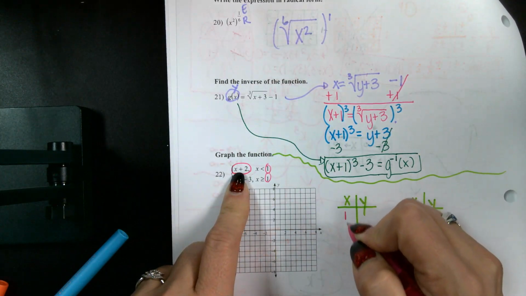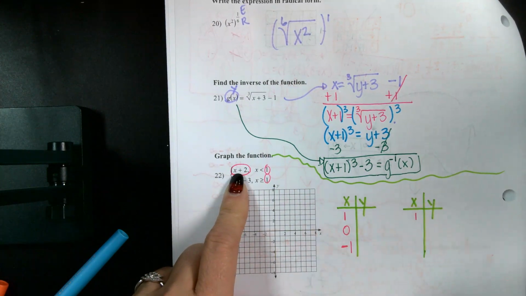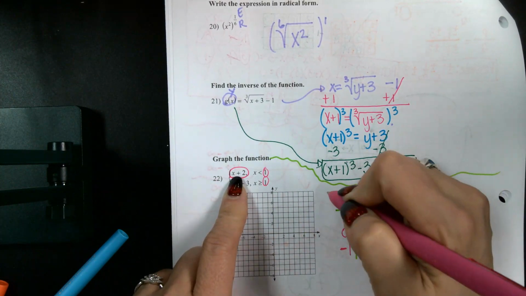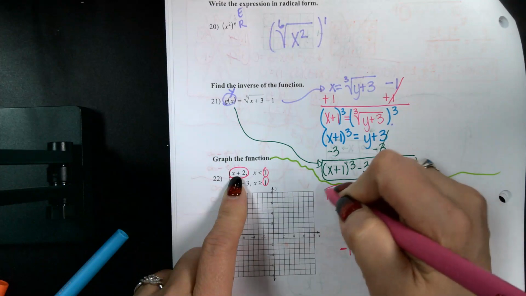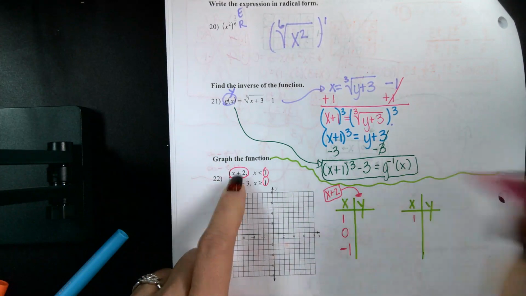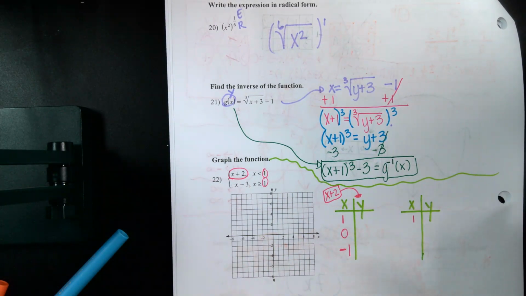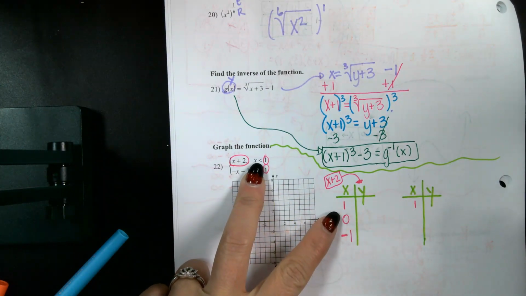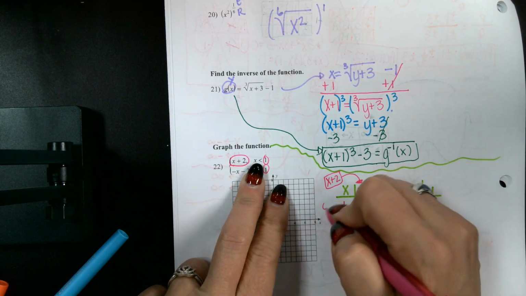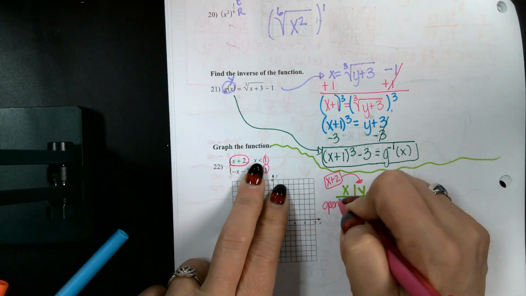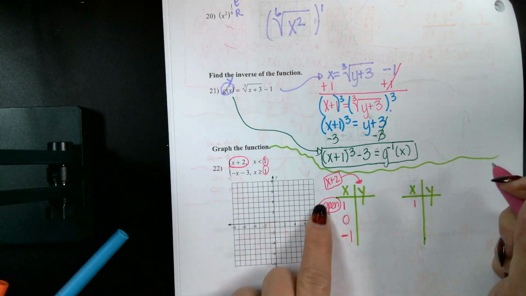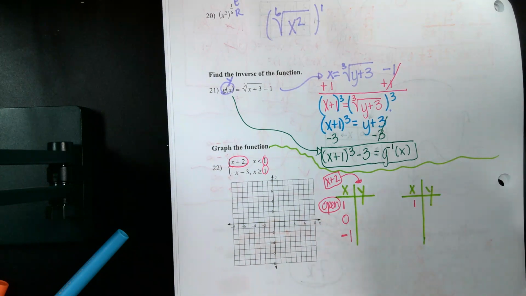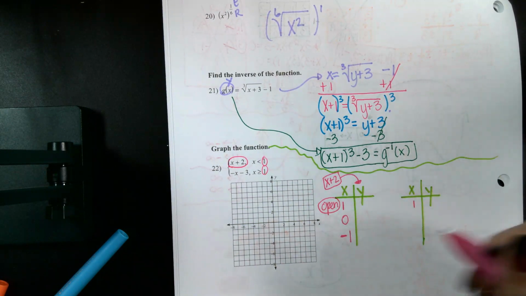So that would be like 1, 0, and -1. Those are the ones that are less than 1. We're going to use x plus 2 to find the y value. Okay? Now, is there an equal sign with that less than symbol? No. So my first circle here is going to be open. If you plug in a 1, what's 1 plus 2?